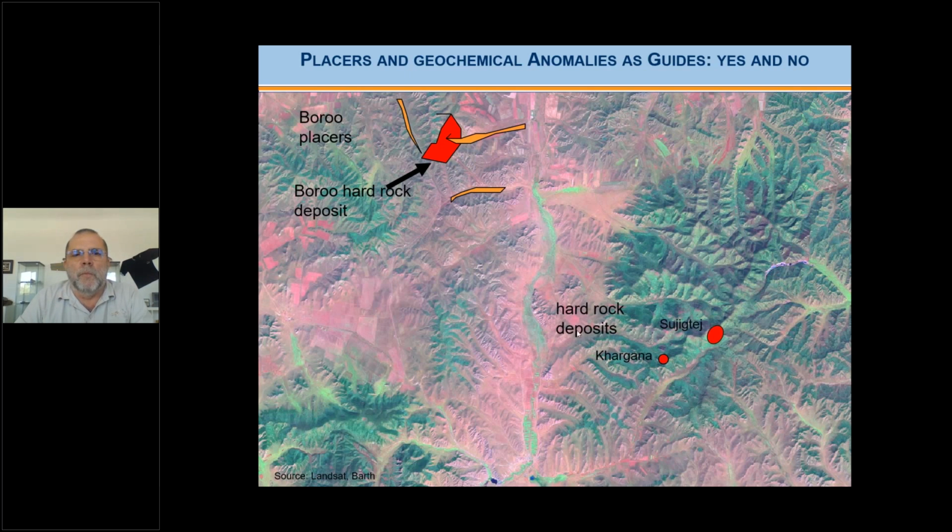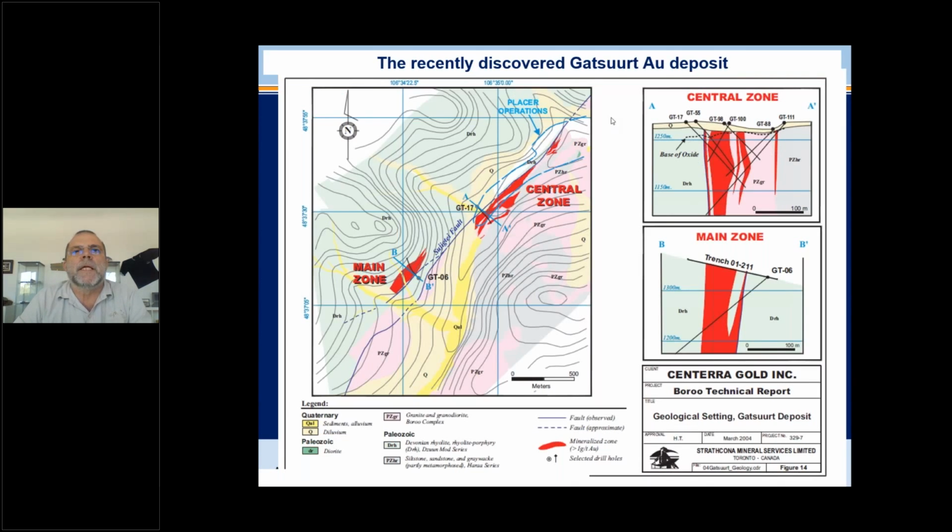So we have here more known hard rock deposits. We have here more placers, and probably this placer may guide geologists to another hard rock deposit. What was then identified here, the Katsurt, is a completely different type, a vertical ore body related to this large Zugchikte fault zone.